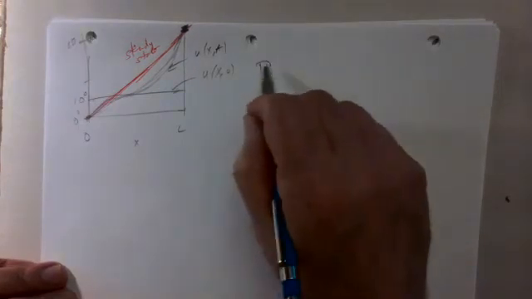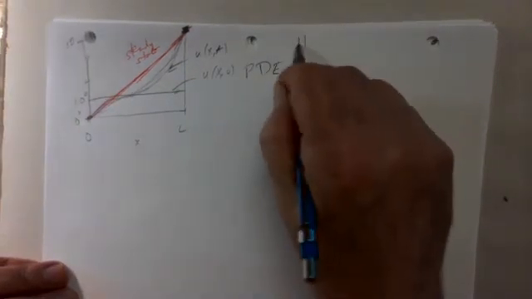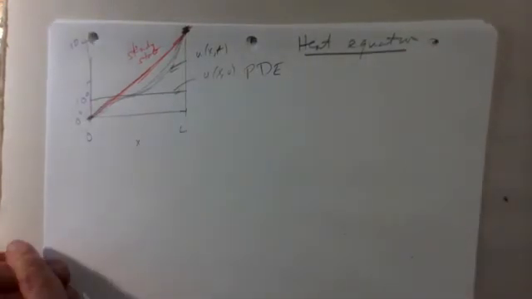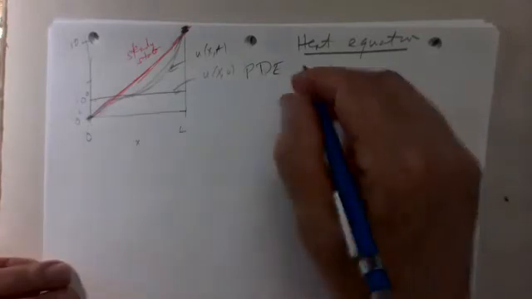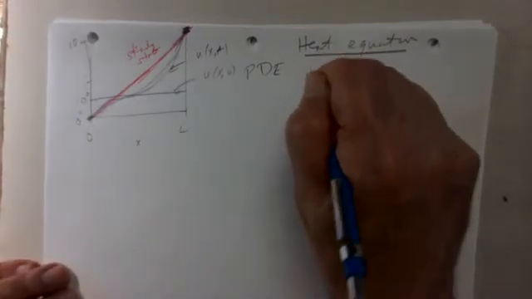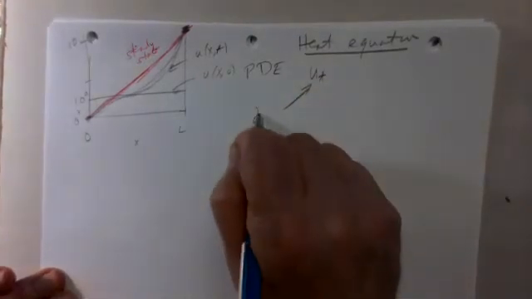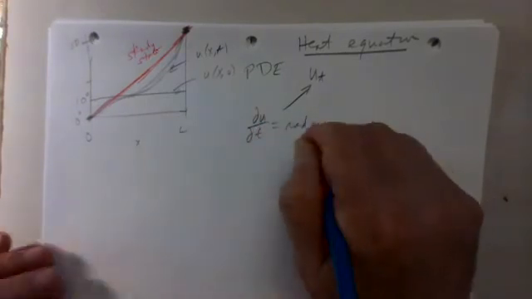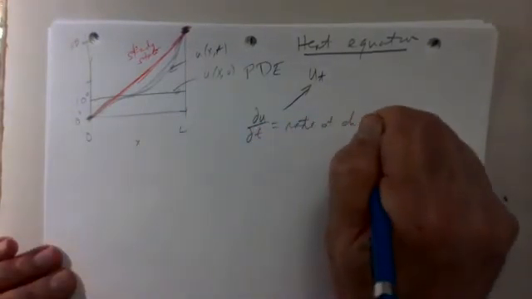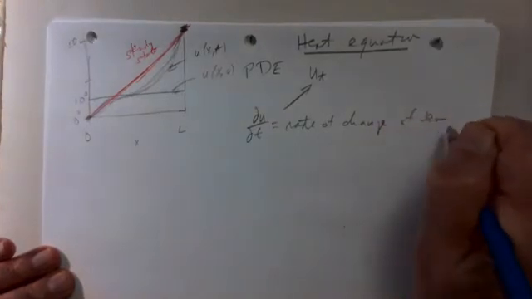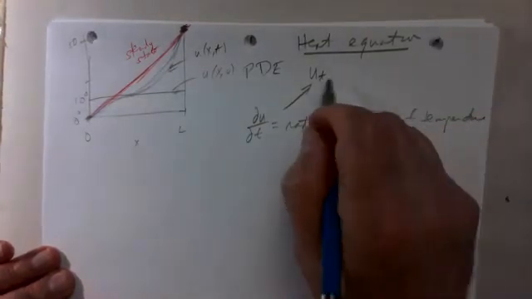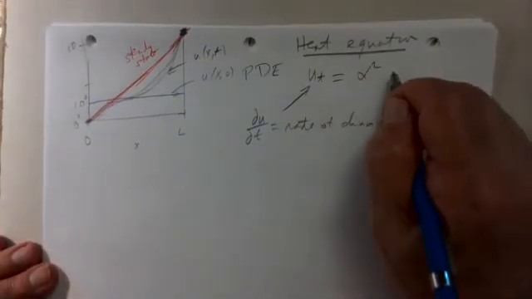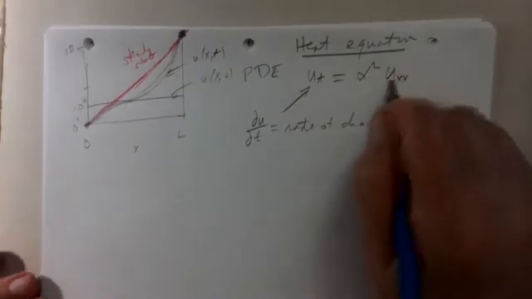And we get a certain PDE, which is called the heat equation, which says that the rate of change of the temperature, this is u sub t, partial of u with respect to t, at x as a function of x and t, is some positive constant times the second derivative of x.